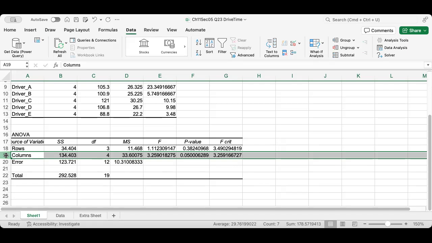What about hotel? Does it matter which hotel I go to? We said that was one we really weren't looking for because we were only concerned in the question about the treatments, but let's look at the blocks as well. What does the row effect tell me?